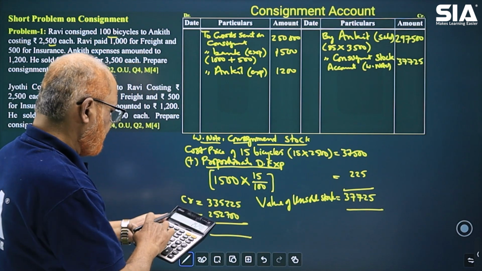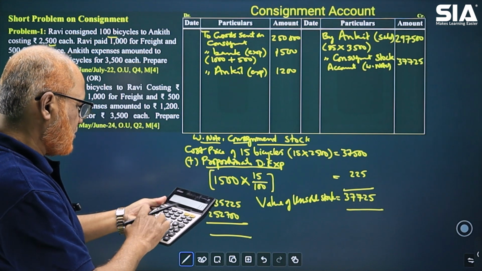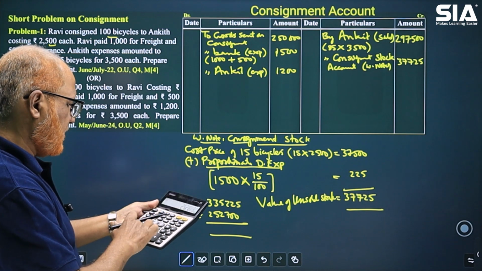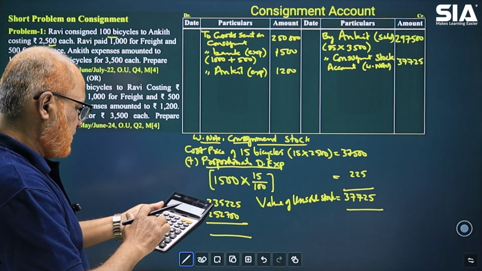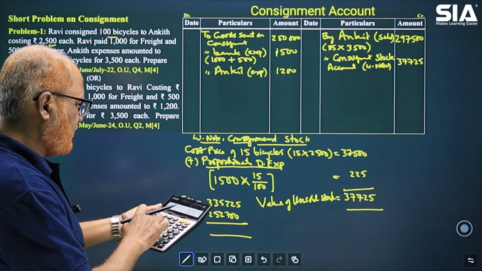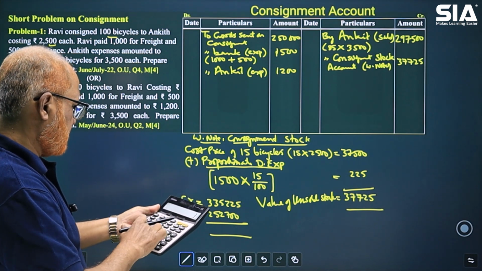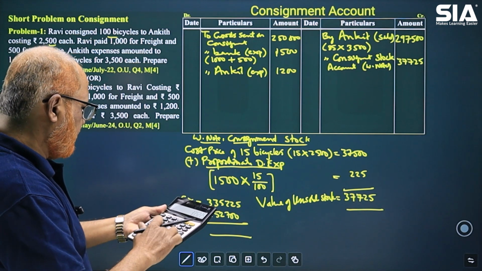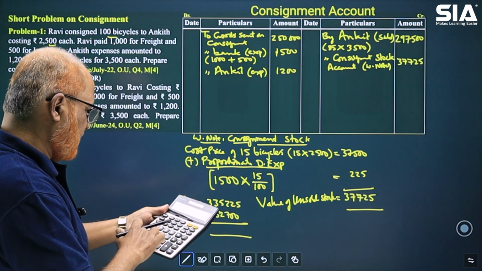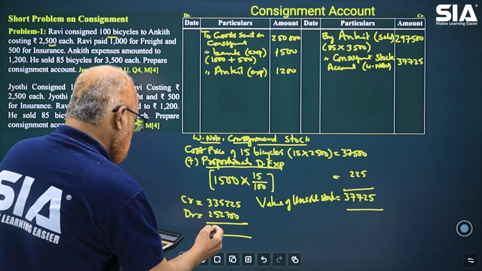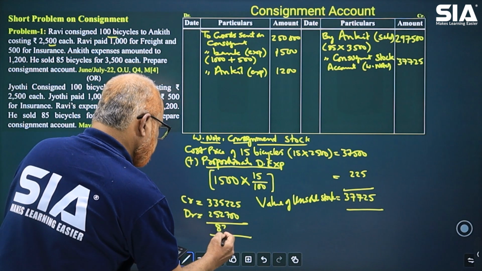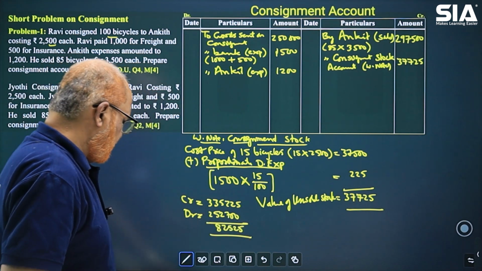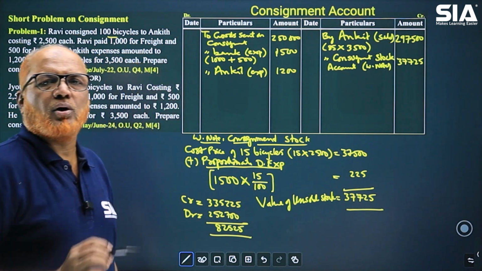The difference. 3,35,225 minus 2,52,700. It comes to 82,525. Is this profit or loss?